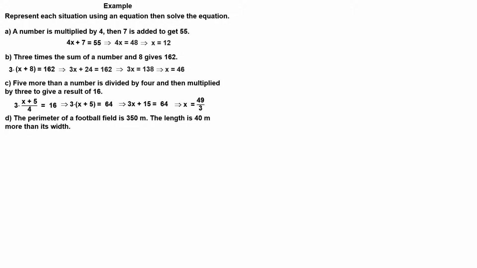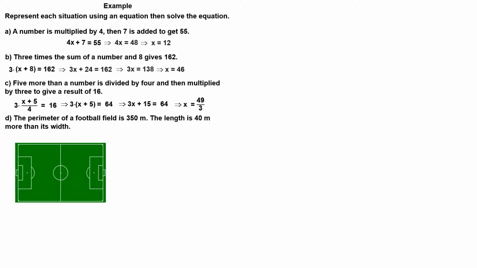We can draw the following shape. The width is x, so the length is 40 more than its width. All the sides added together give 350 meters.